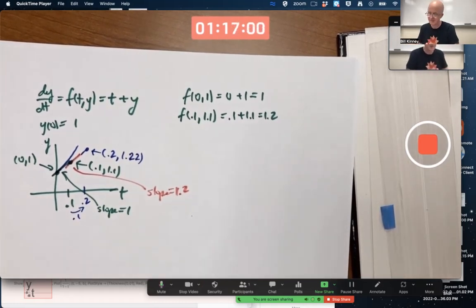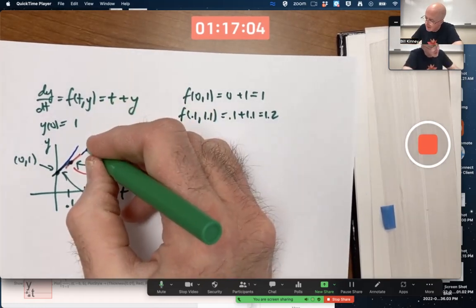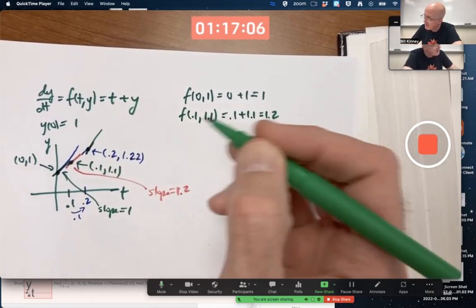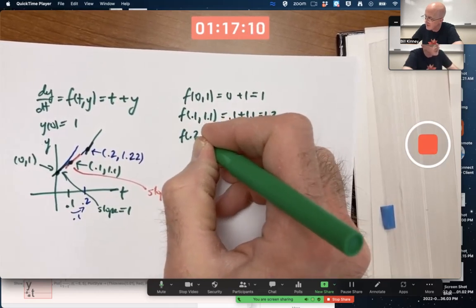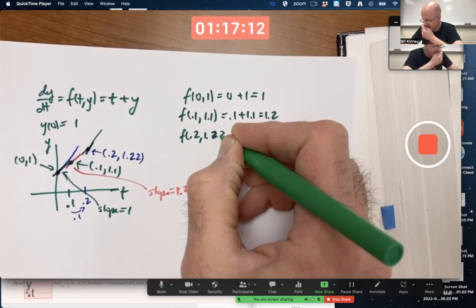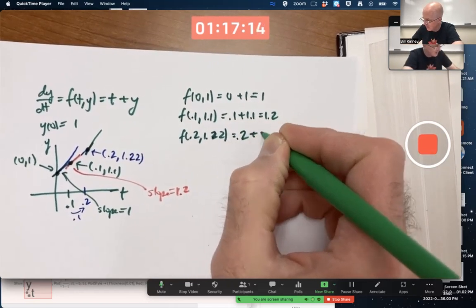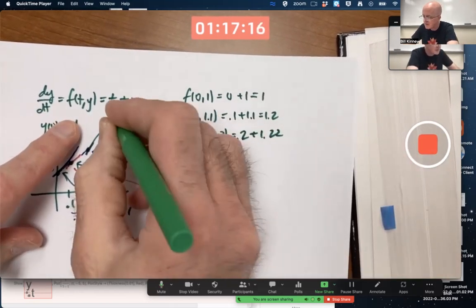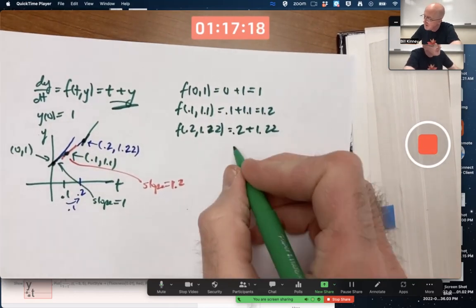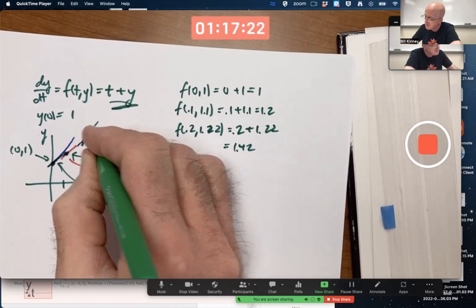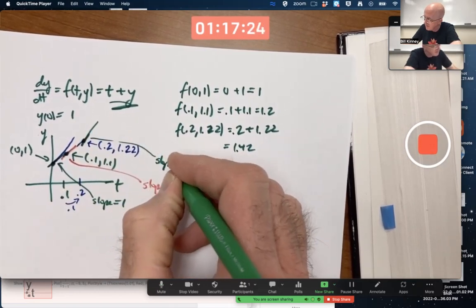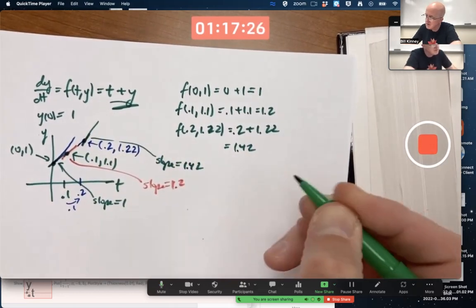Then do the same thing. Find the slope of the slope field here, follow it forward for 0.1 units of time. What's the slope right there? It'd be f(0.2, 1.22). 0.2 plus 1.22. I'm using the formula here for this function. And that's 1.42. Slope equals 1.42.